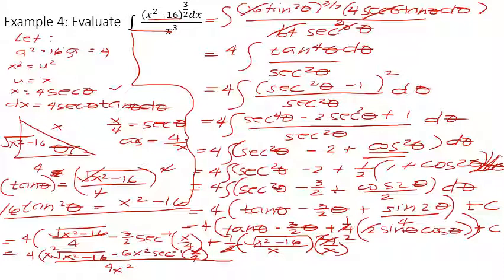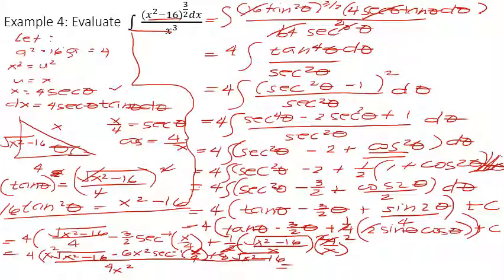Then this one, this is x squared, and you have 2 here, so 4x squared divided by x squared, that's 4, times 2, that's 8, so we have plus 8 square root of x squared minus 16.